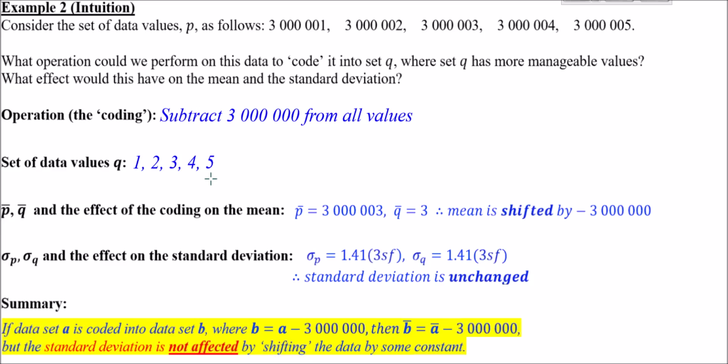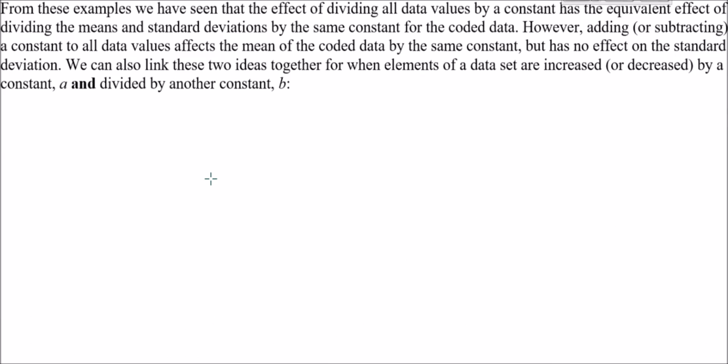So let's try and summarize these results and generalize them too. From those couple of examples, we've seen that the effect of dividing all data values by a constant has the equivalent effect of dividing the means and standard deviations by the same constant for the new coded data. However, adding or subtracting a constant to all data values affects the mean of the coded data by the same constant, but it has no effect on the standard deviation.